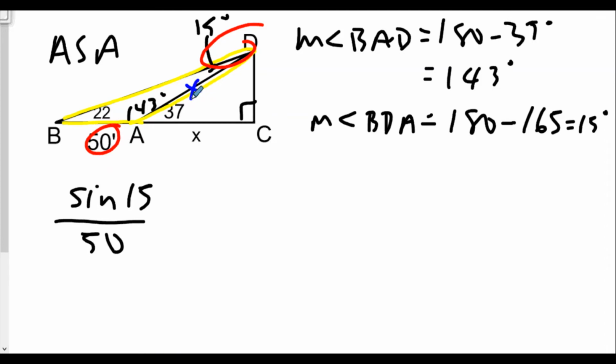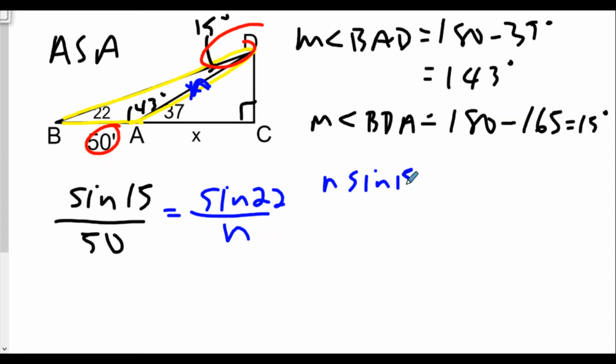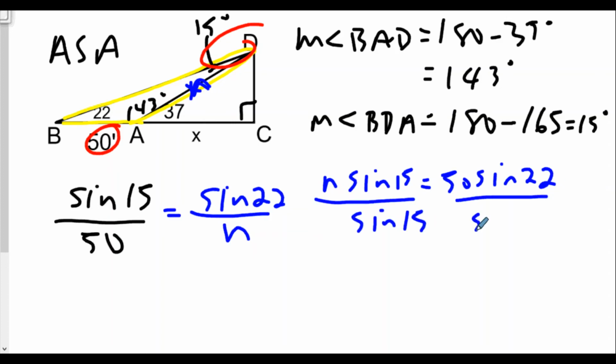We'll call this N. It is equal to the sine of 22 over N. If we cross multiply, we have N sine of 15 is equal to 50 sine of 22. We'll divide both sides by sine of 15 degrees, and we're going to find N.